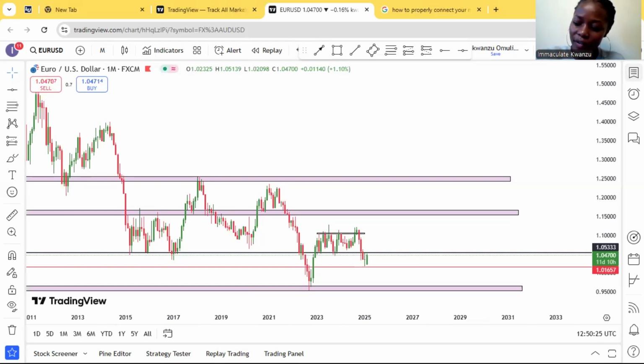Every close of the monthly candle is very significant to market movement of the next month. It's very important to always check how the monthly candle closed. It tells a lot about the next month.